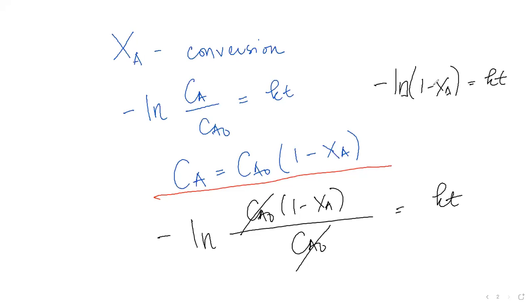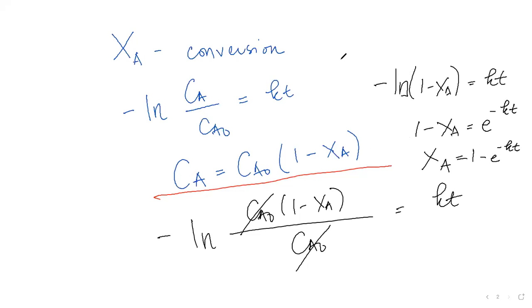If you would like to get rid of the ln here, you can have 1 minus Xa equal to e raised to negative Kt. Now, if you want a formula of Xa explicitly expressed as a function of time, that would be 1 minus e raised to negative Kt.